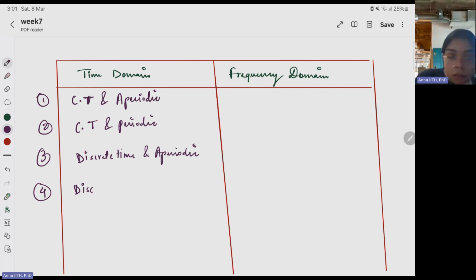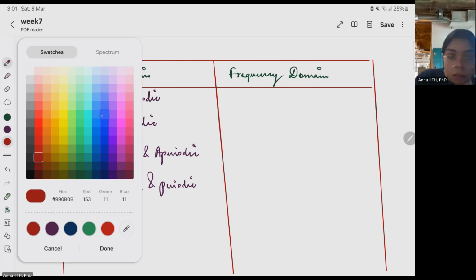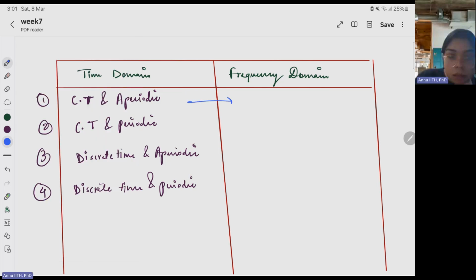Fourth is discrete time and periodic. So if we transform it to the frequency domain, this is all about the Fourier transform.